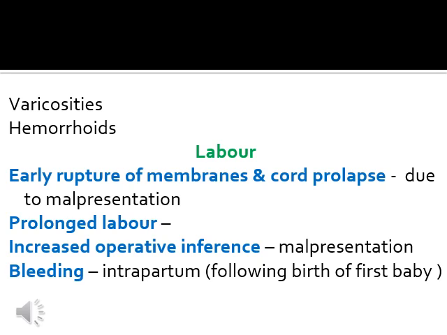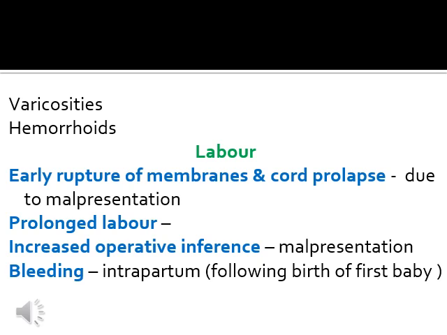Next is prolonged labor due to the malpresentation. If the baby is not in the normal cephalic position, there are chances of prolonged labor, and if there is prolonged labor, the obstetrician needs to take operative delivery, so it can cause sepsis in another case, and even bleeding in case of placenta previa.